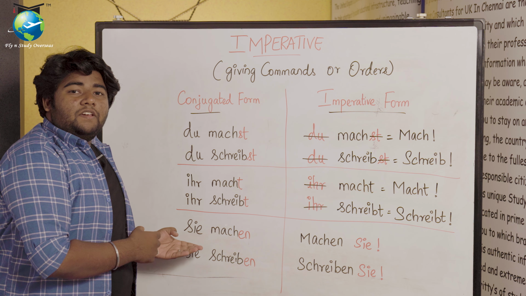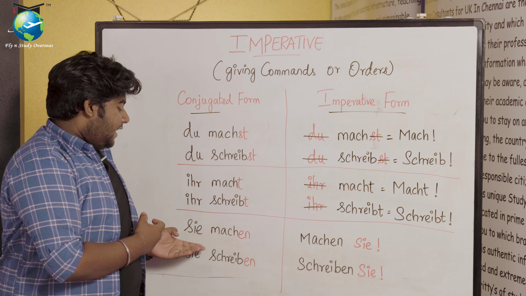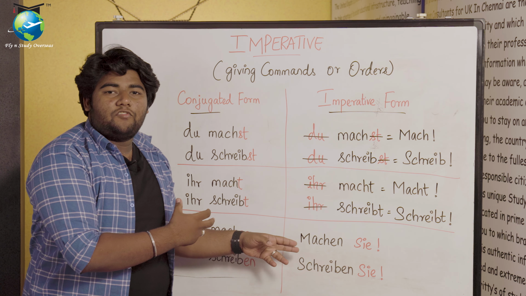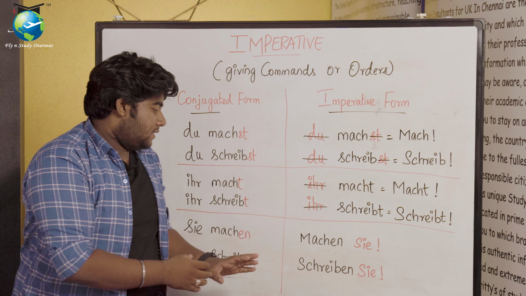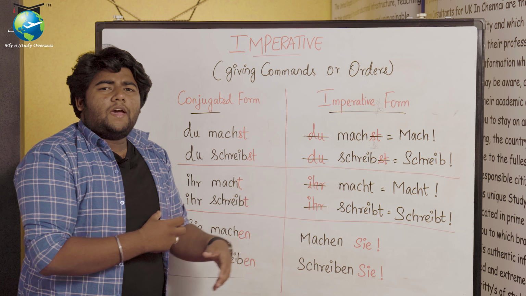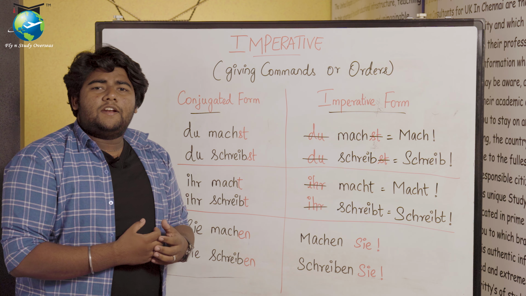Normally we will write it as Sie machen, right? In the formal way, Sie machen. But when it is written in the imperative form, the verb should come first and then the subject should go next. See here, machen Sie. You may ask, in a formal way, how can I tell it in a commanding form? For example, your teacher commands you to do a work, right?